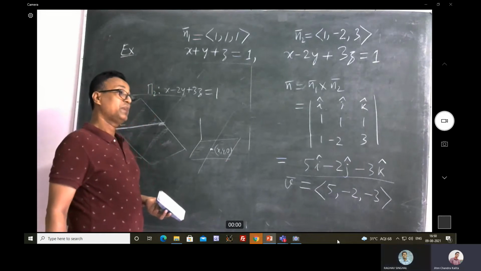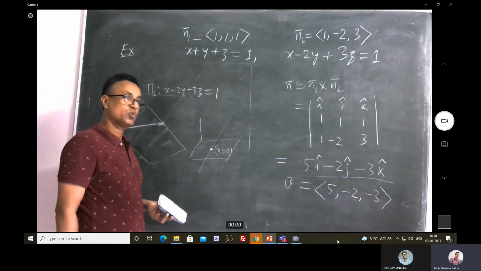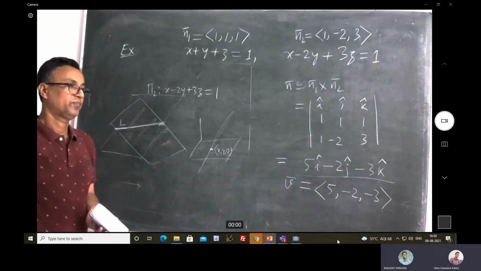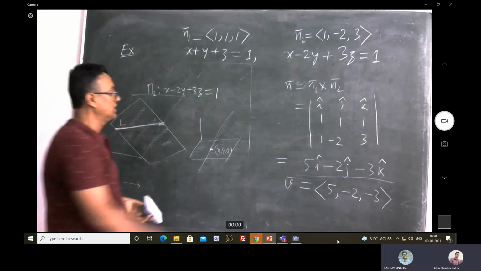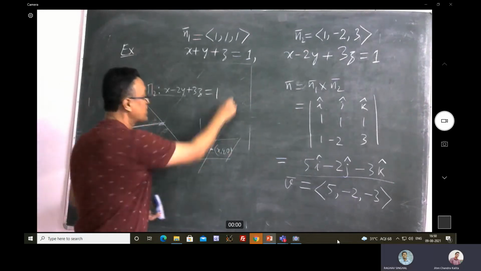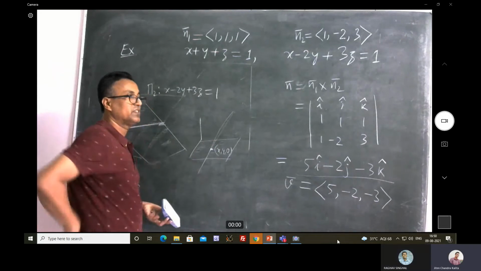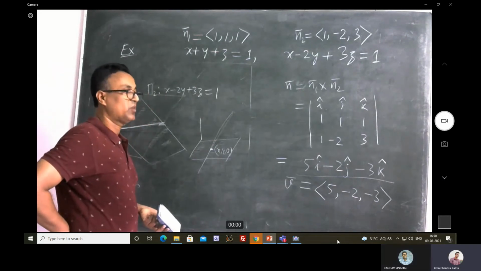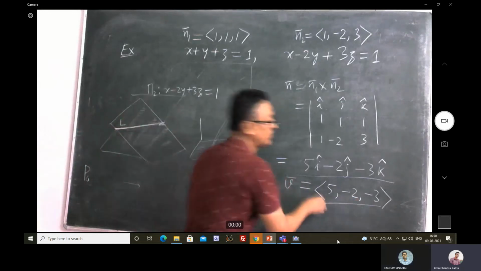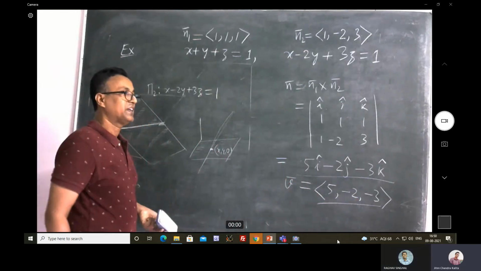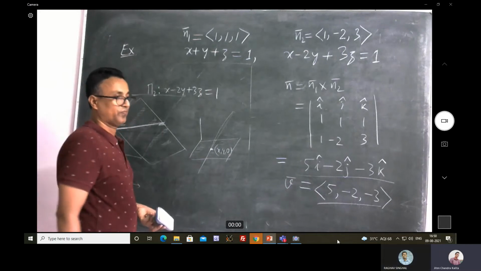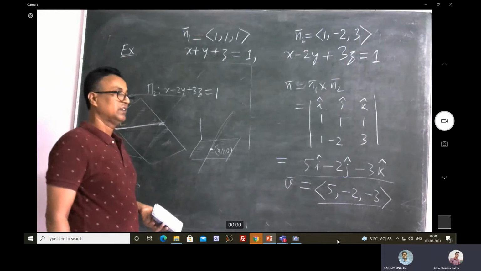But before that, you have to make sure that this actually intersects the xy plane. How can we find that out? If the line is not parallel to the xy plane, it is always going to intersect the xy plane. And from the direction ratios, we can easily see that it is not parallel.